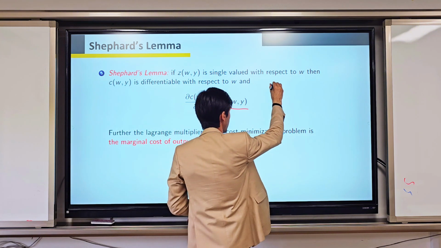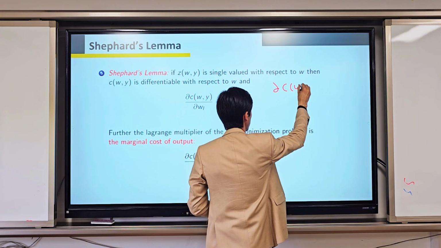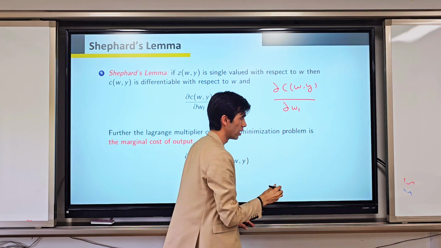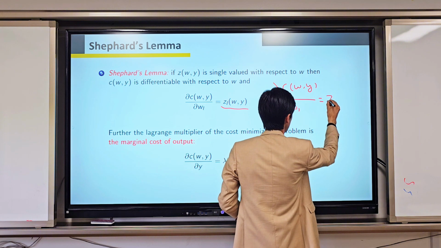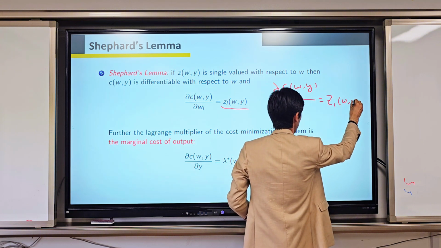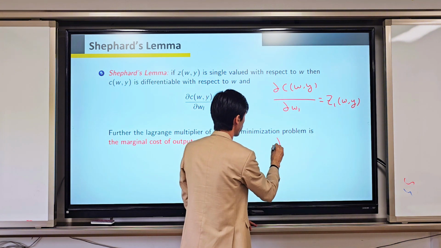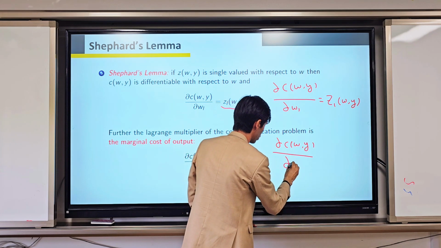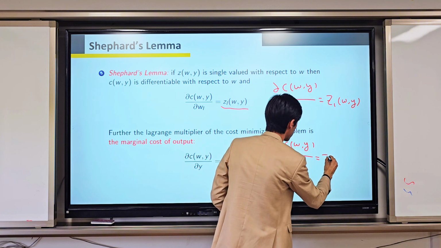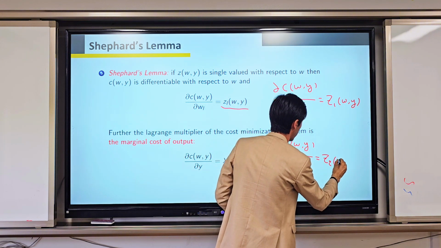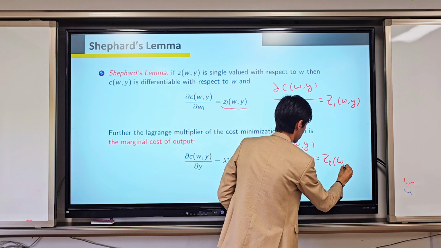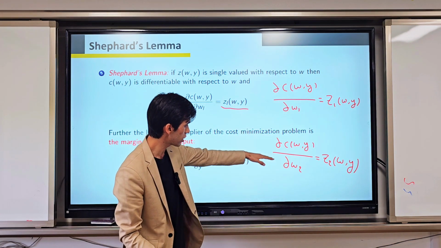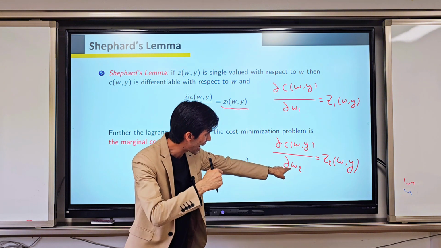So if we take the partial derivative of this cost function with respect to W1, the result will be Z1 as a function of W and Y. And when we take the partial derivative of this cost function with respect to W2, it will lead us to the optimal demand level for the second input. If you have as many inputs, just take the partial derivative of the cost function with respect to that input price.